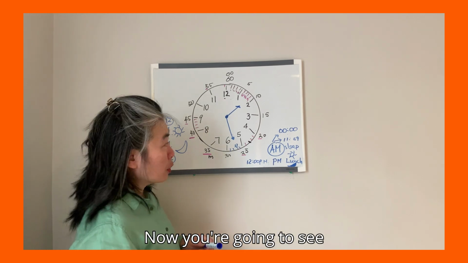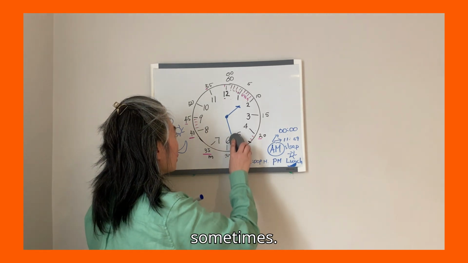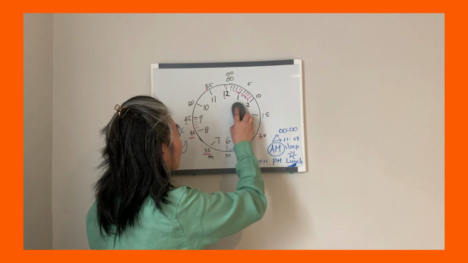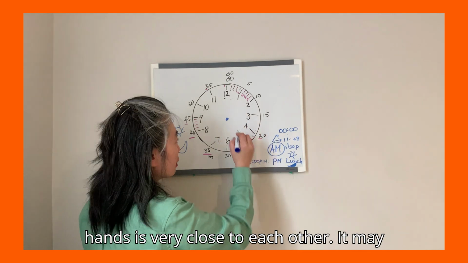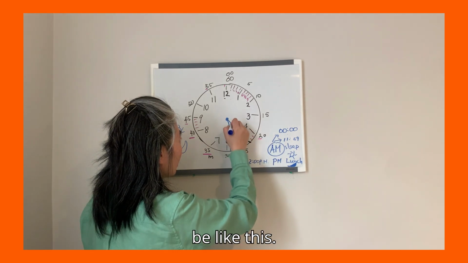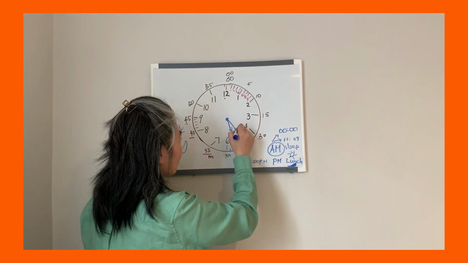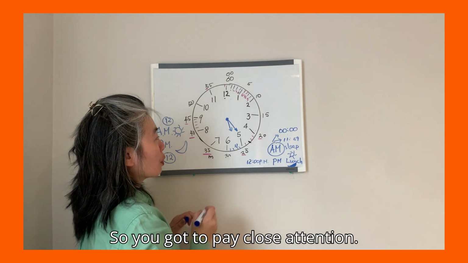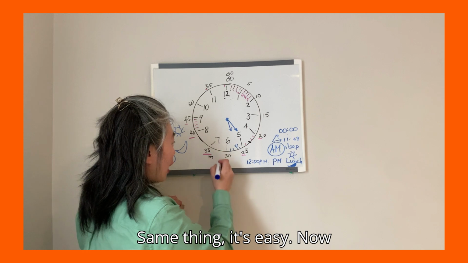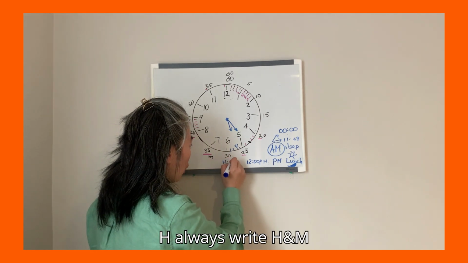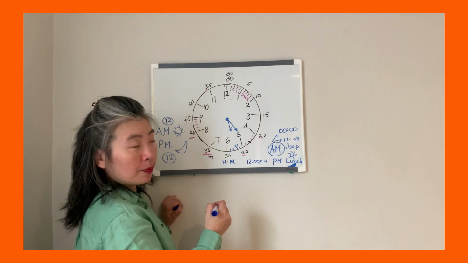Now, you're going to see sometimes the clock looks like the hands are very close to each other, maybe like this. So you got to pay close attention. Same thing, it's easy. Now, always write H and M, okay?